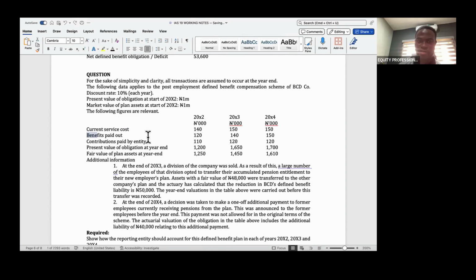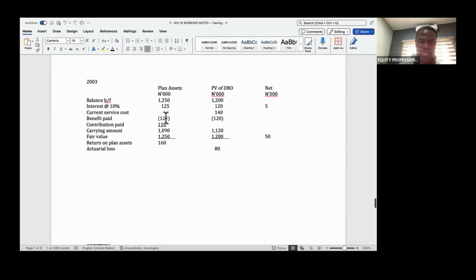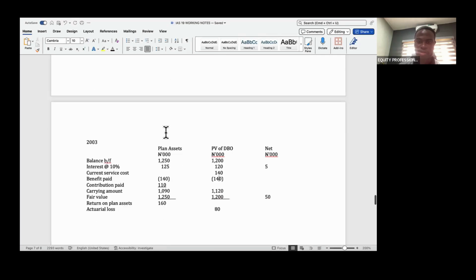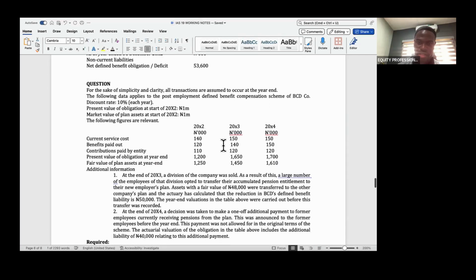So let me start from benefit paid. Benefit paid is 140. So we already know that benefits will be taken out from assets and it's also going to be taken out from liability. So we'll take it out from the DBO. Current service cost, we already mentioned that.